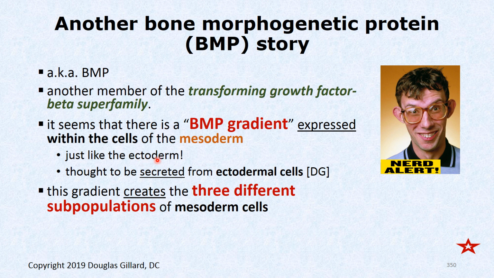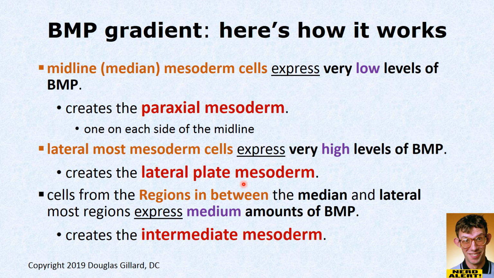Remember, the ectoderm had a BMP story as well, which we covered before. This BMP is originally secreted from the ectoderm cells above, and it trickles down into the mesoderm cells, which are mesenchymal, and it causes some of them to turn on their own BMP genes and other genes, although some of them don't, as we'll see in a minute.